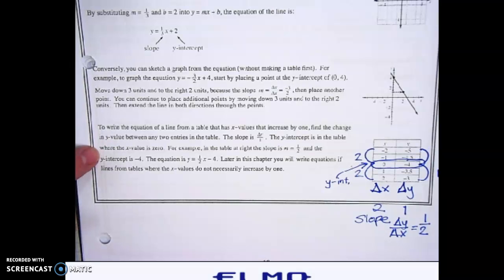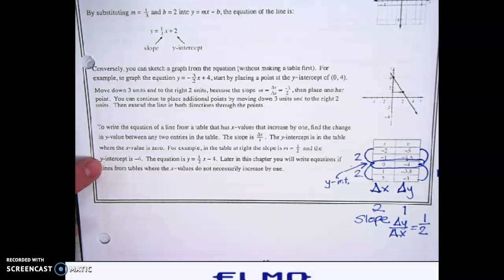For example, in the table at the right, the slope is m equals 1.5, and the y-intercept is -4. The equation is y equals 1.5 times -4. Later in the chapter, you will write equation implies from tables where the x values do not necessarily equal their 1. Good job. Thank you for reading.